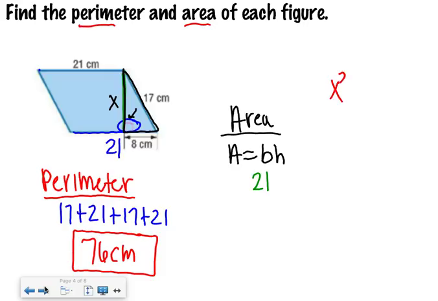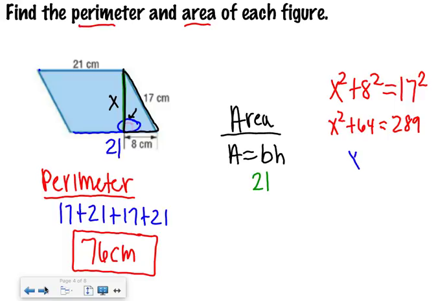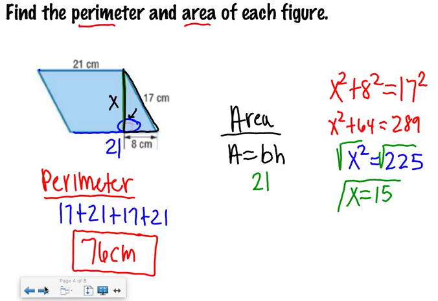That's what I'm thinking. So if we crunch this out, x squared plus 64 equals 289. If I subtract over my 64, 225, which works out pretty nice for us because the square root of 225 equals 15.